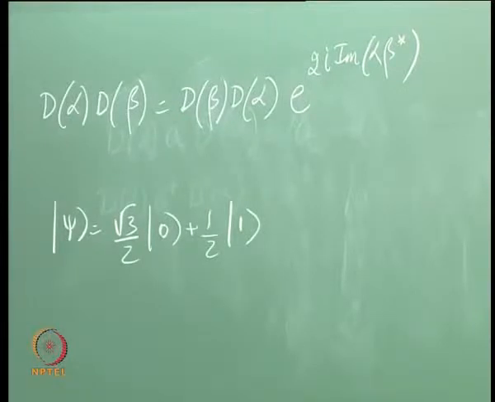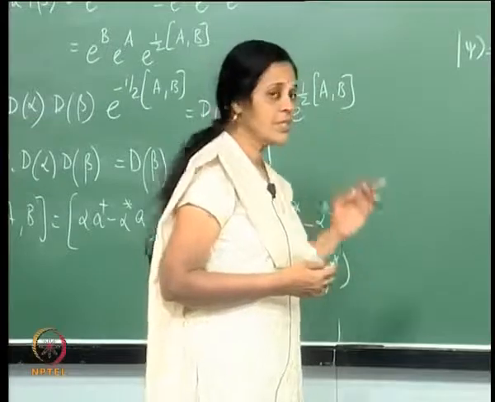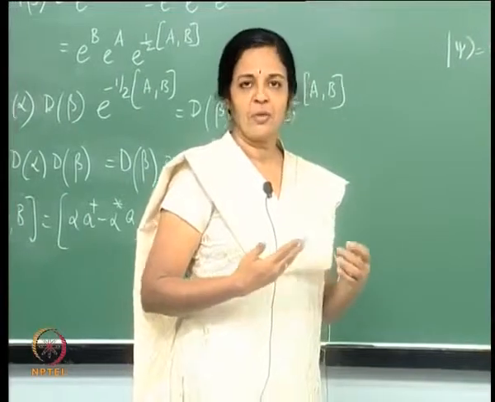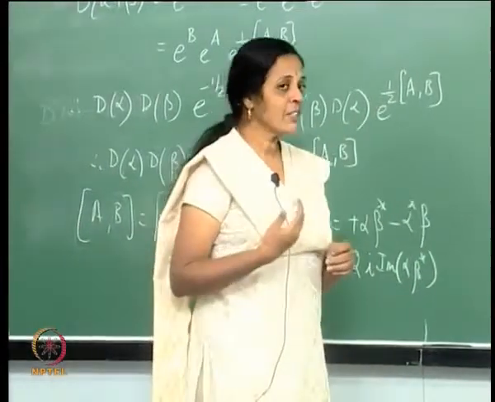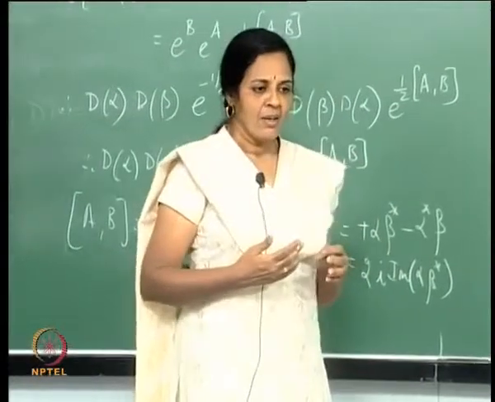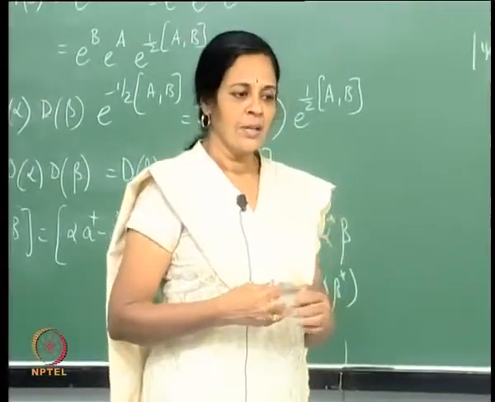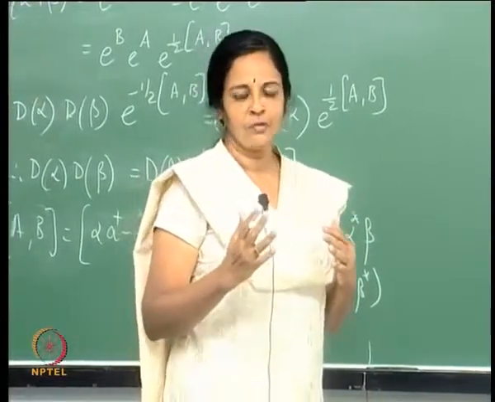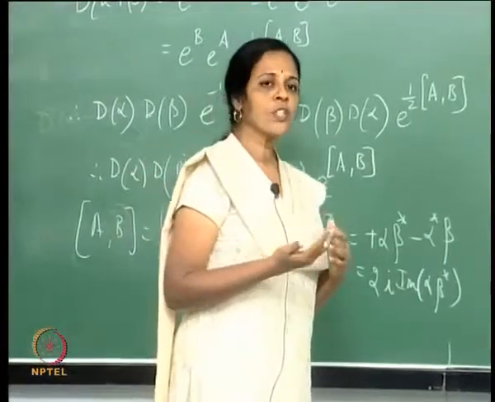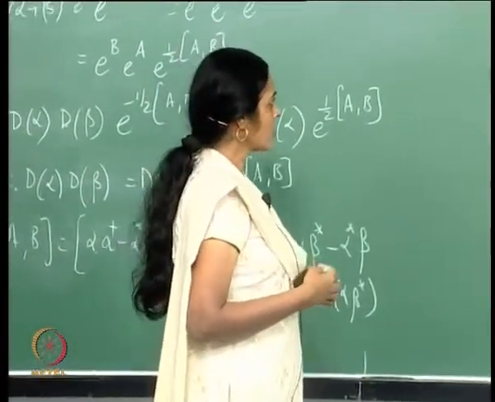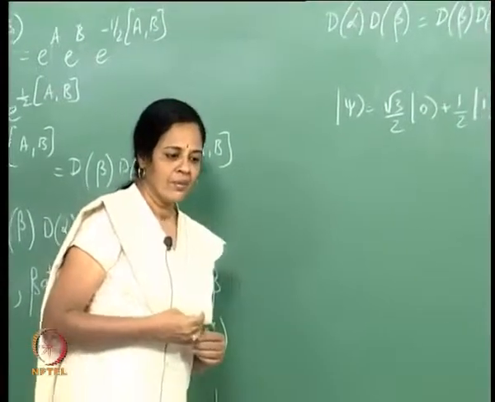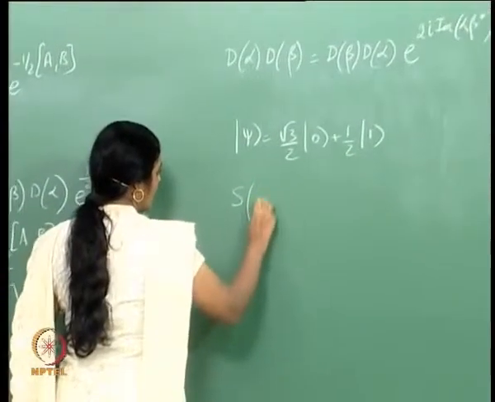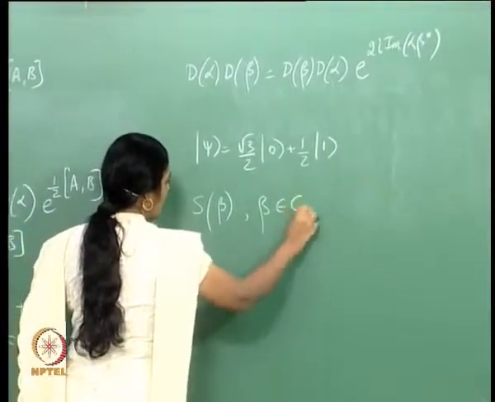There are other interesting superpositions, and even as the coherent state is a superposition of an infinite set of photon number states, I define a squeezing operator which could act on the vacuum and produce a very specific, interesting infinite superposition of photon number states, which also display squeezing properties. So, similar to the displacement operator, one introduces the squeezing operator S of beta, where beta is any complex number.